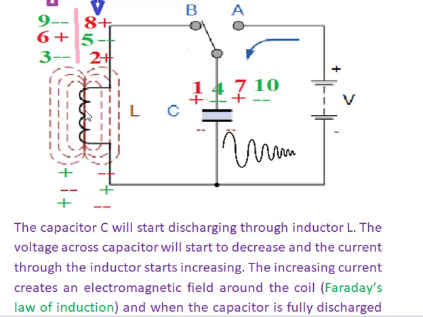According to Lenz's law, the induced EMF is in negative sign, that is opposite to the current responsible for producing this magnetic field.